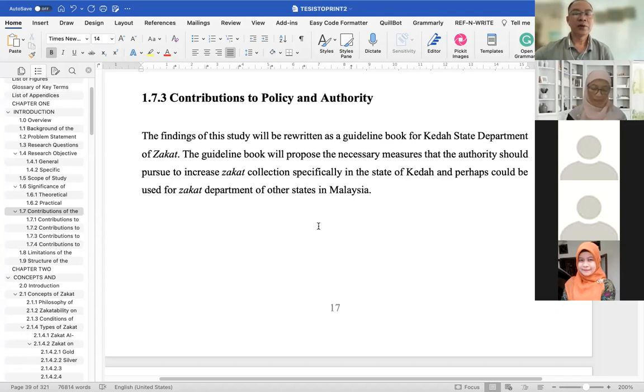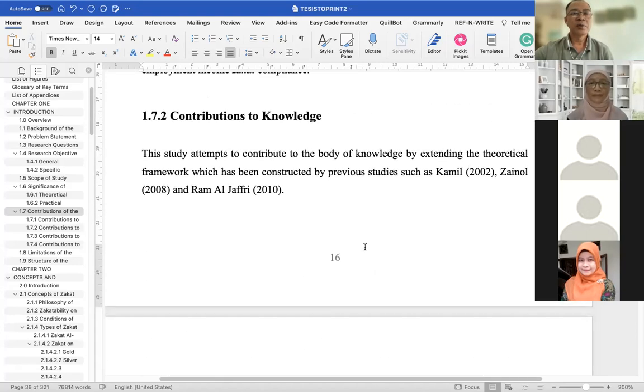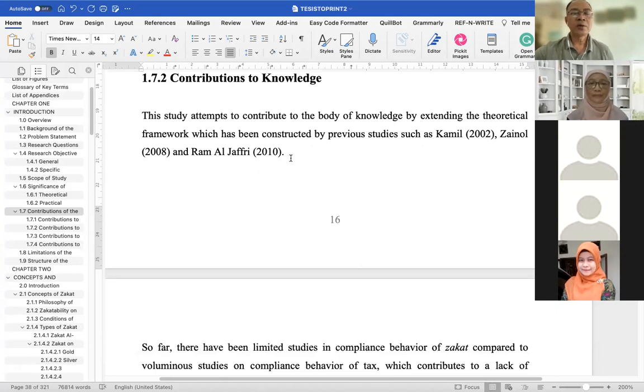You need to explain how your study contributes to practitioners, and maybe to academicians. For example, how future research can use your framework in their future studies.